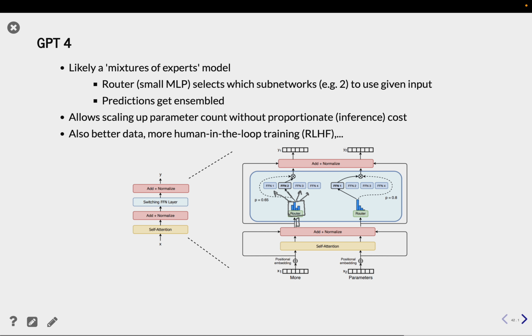We also train that router on the fly as we train the whole model. So it learns to direct some tokens to some experts, other tokens to other experts. And we typically have 2 of them, which means every token goes to 2 experts. Then we combine the answers of the 2 experts like a mini ensemble. And that's going to be our output token.